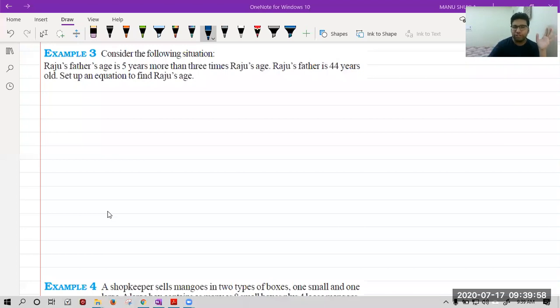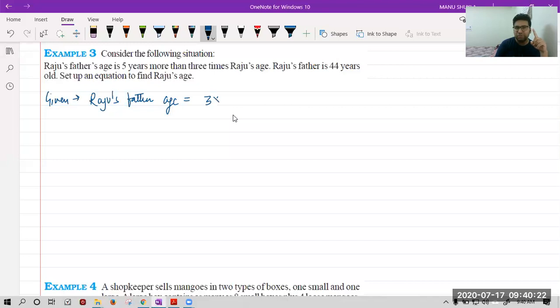First of all, we need to write what they are saying, what is given to us. They are saying Raju's father's age is equal to 5 years more than 3 times Raju's age.